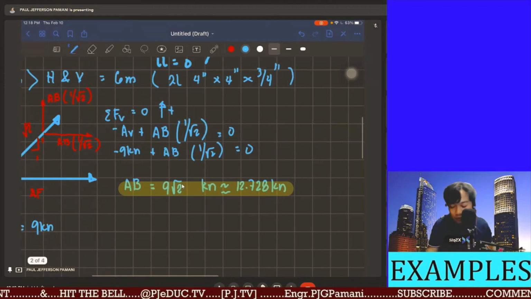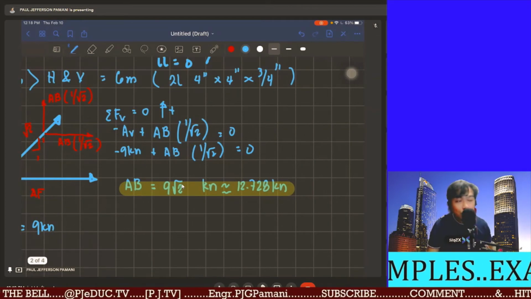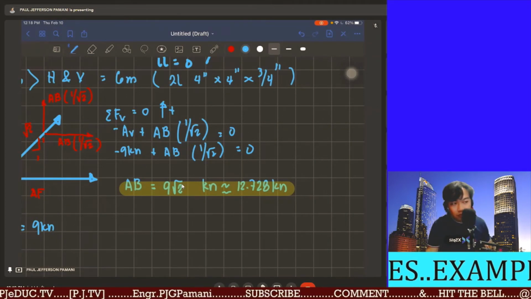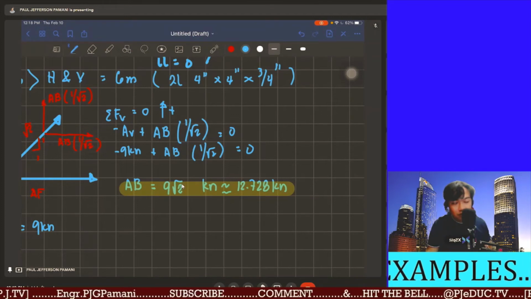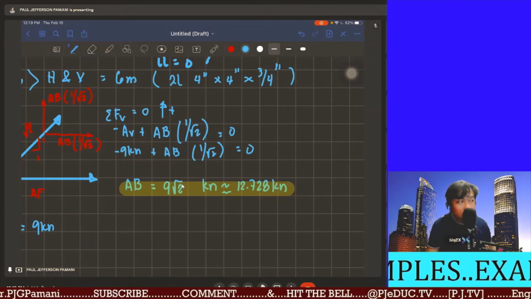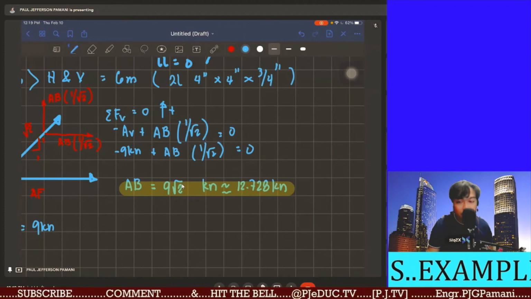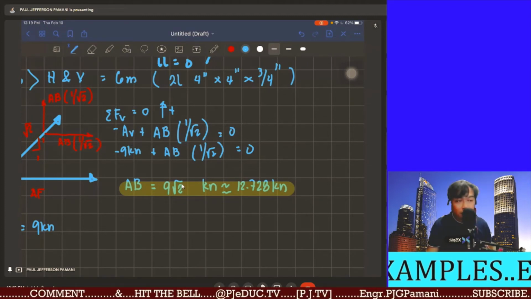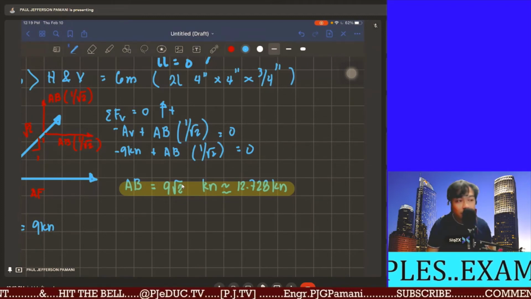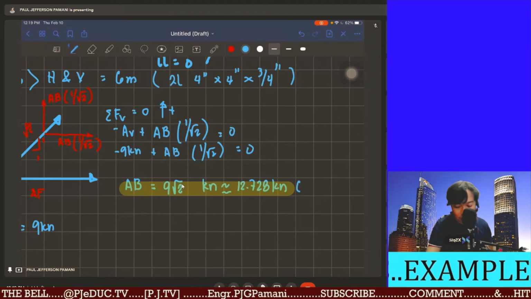Is it in tension or compression? Of course, that is in tension.